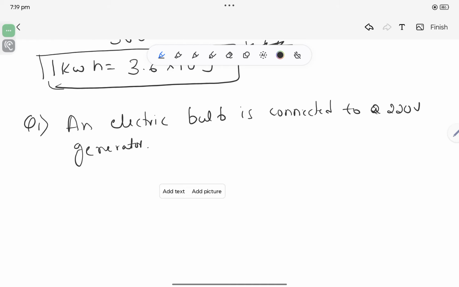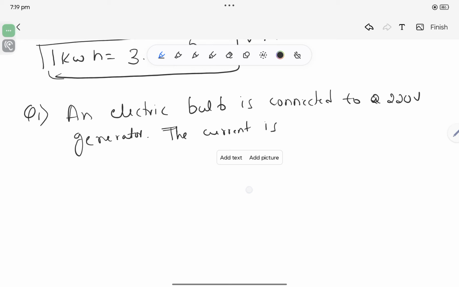The current is 0.5 ampere. What is the power of the bulb?